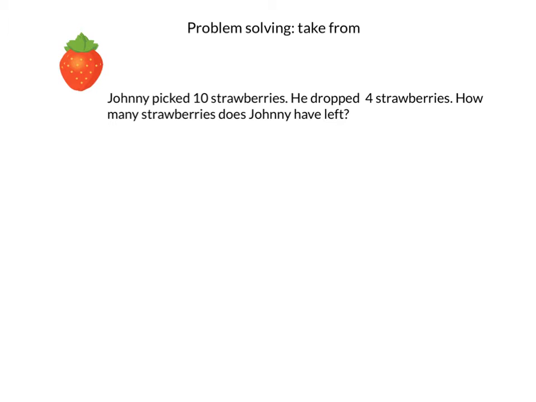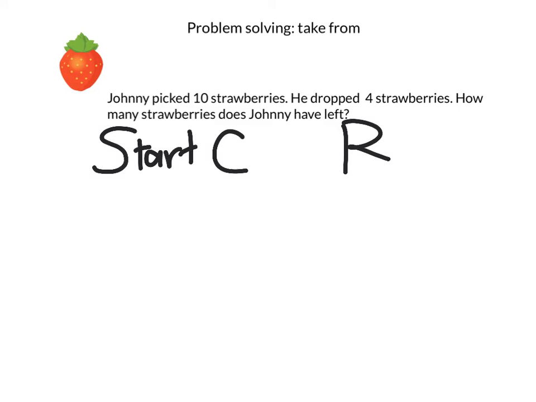But I want to start with something that we haven't done much of yet, and that is by using what I like to call an SCR. Okay, so the S is for start. The C is for change, and the R is for result.